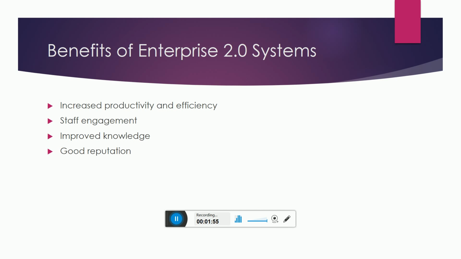Benefits of using Enterprise 2.0 systems. Firstly, it increases the productivity and efficiency of employees. It allows staff engagement, it improves the knowledge within the organization, and it offers a good reputation for the business.